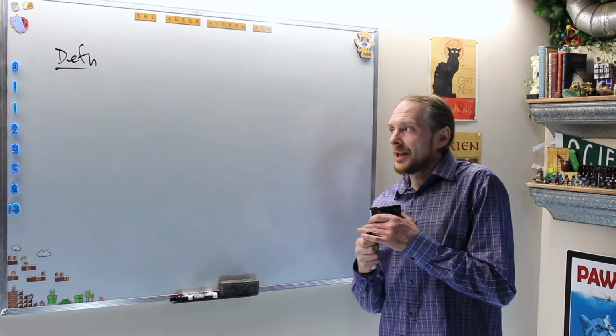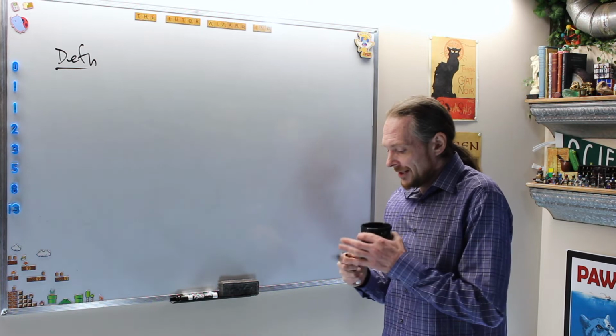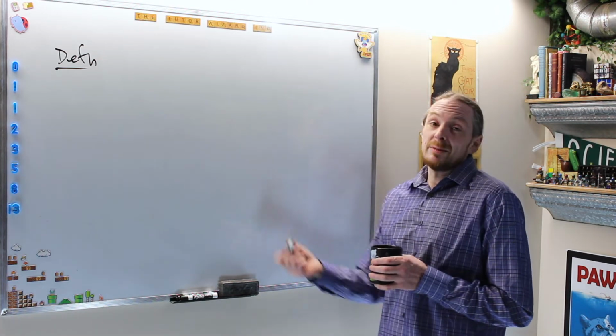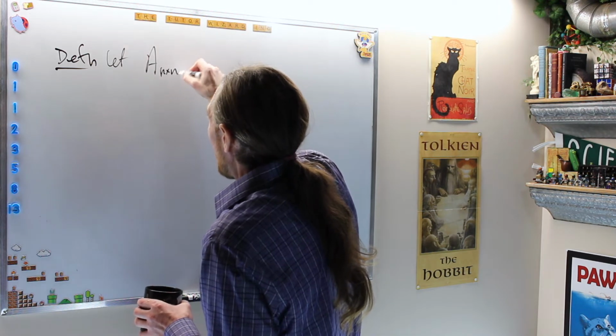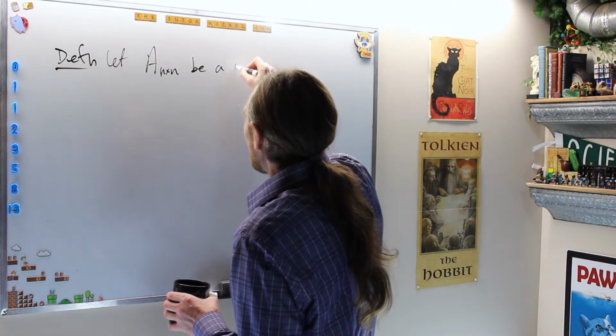One other thing we may need, so I'll sneak it in right now, is the trace of a matrix, but the matrix this time can't be any arbitrary matrix. It has to be a square matrix. So let A, n by n, be a square matrix.